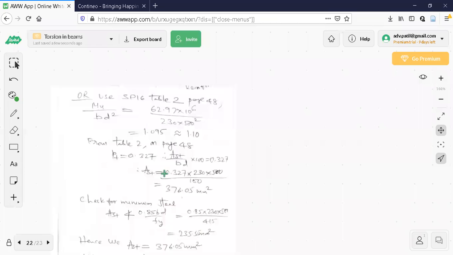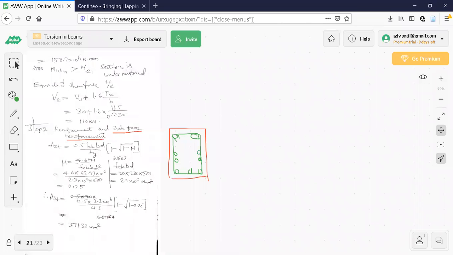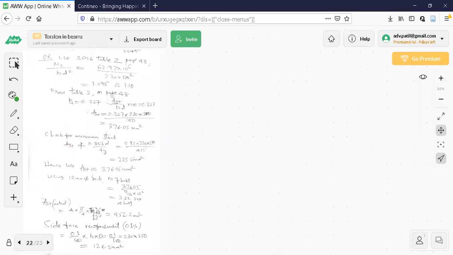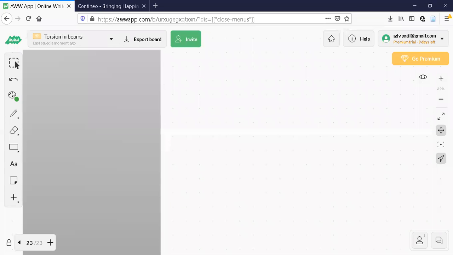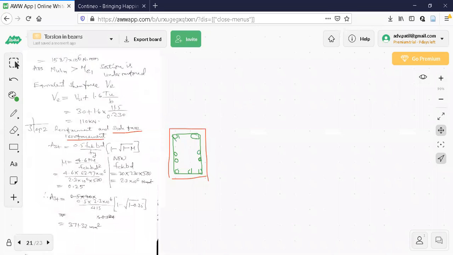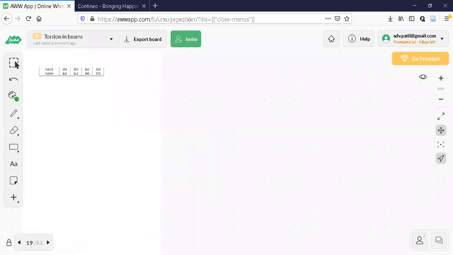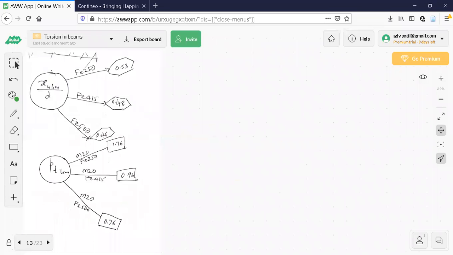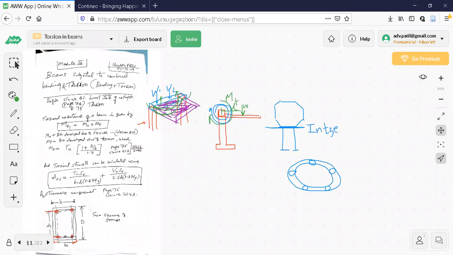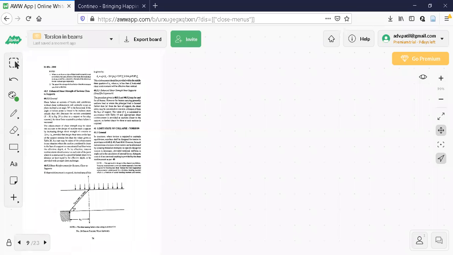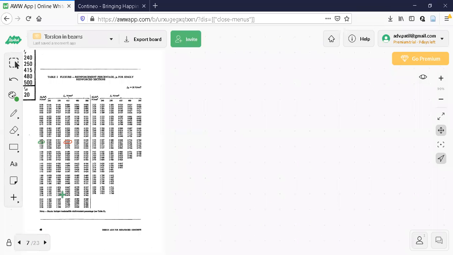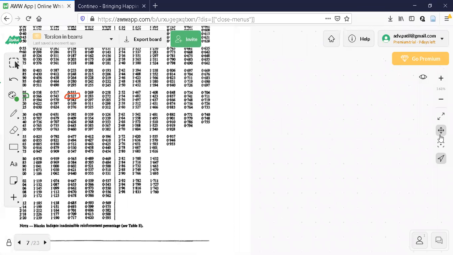Now 1.1 I'll check in table 2. Let me check whether it is there or not. Yes, table 2, observe this.